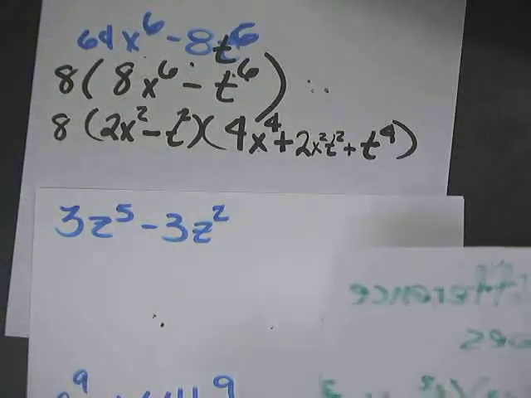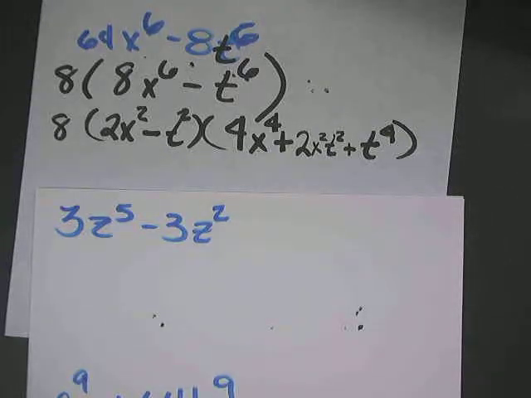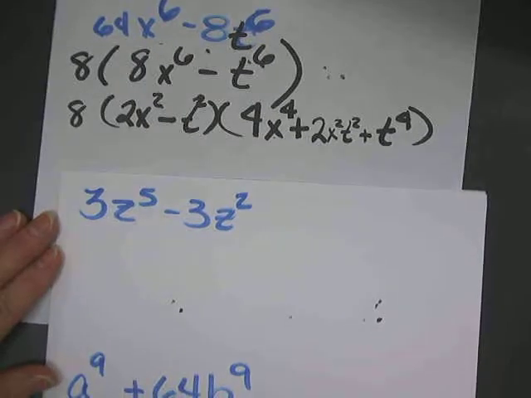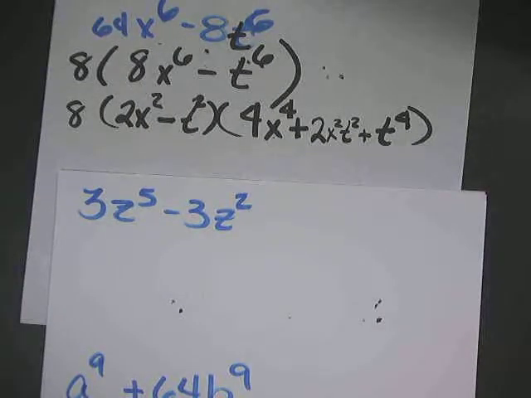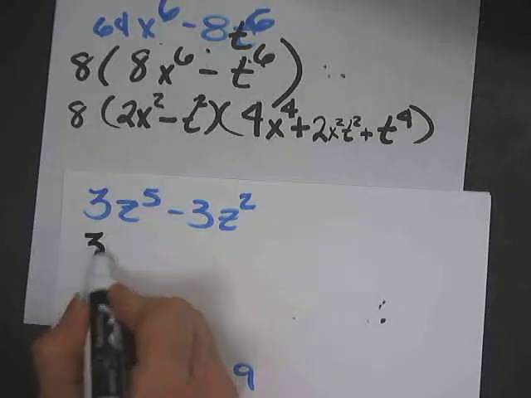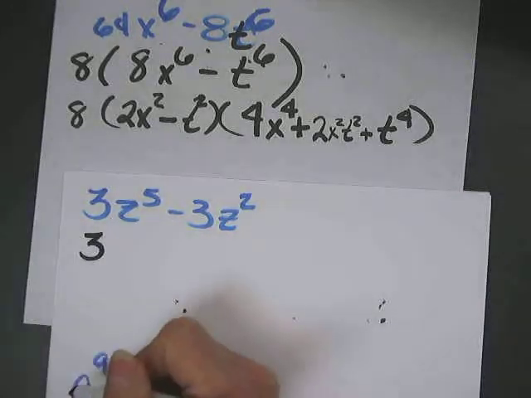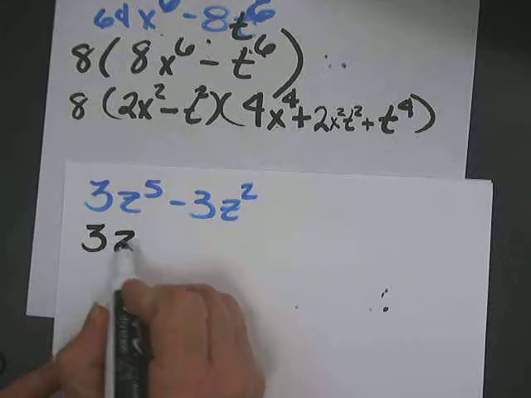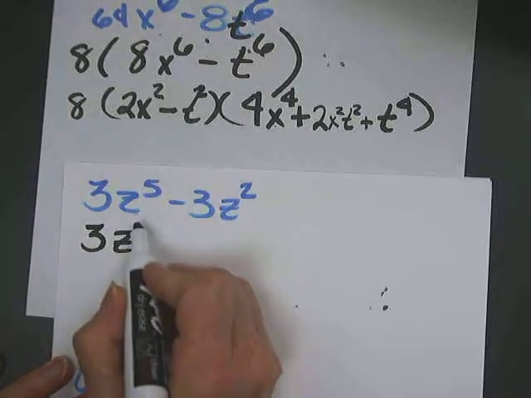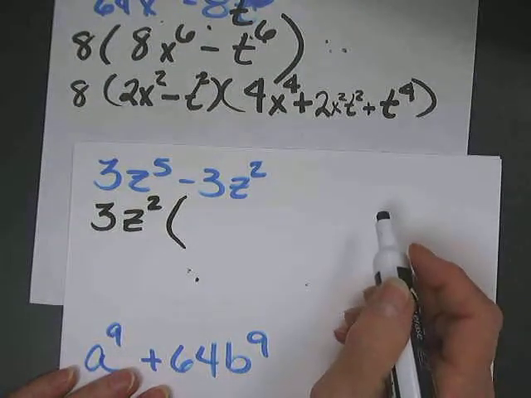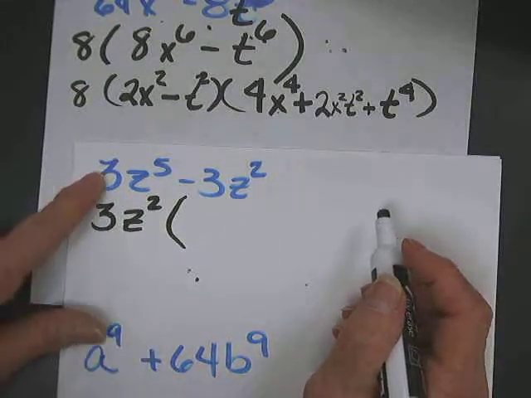Double that. Okay. Signs? Same, opposite, positive. Our middle term. No, 2 t squared x squared. Or yeah, 2x squared t squared. I'm just putting the x first because we started with the x here.